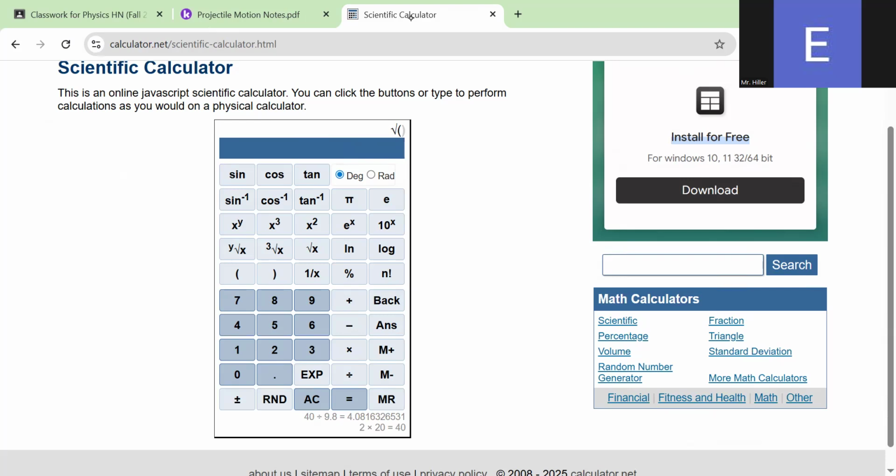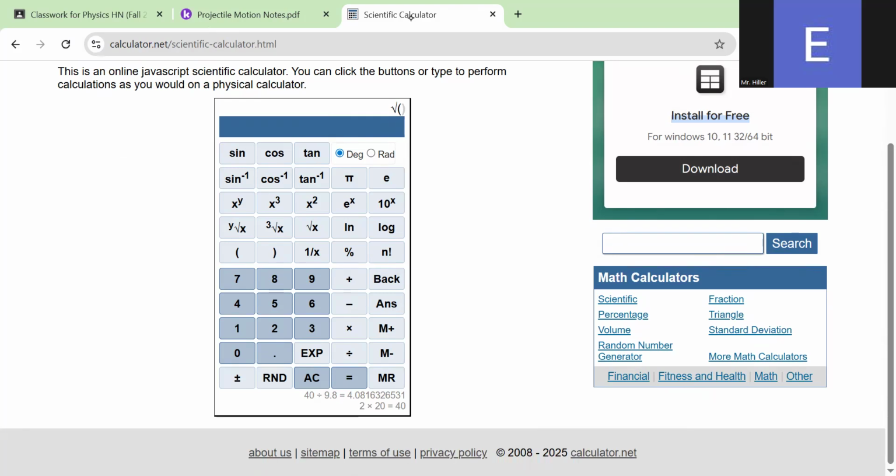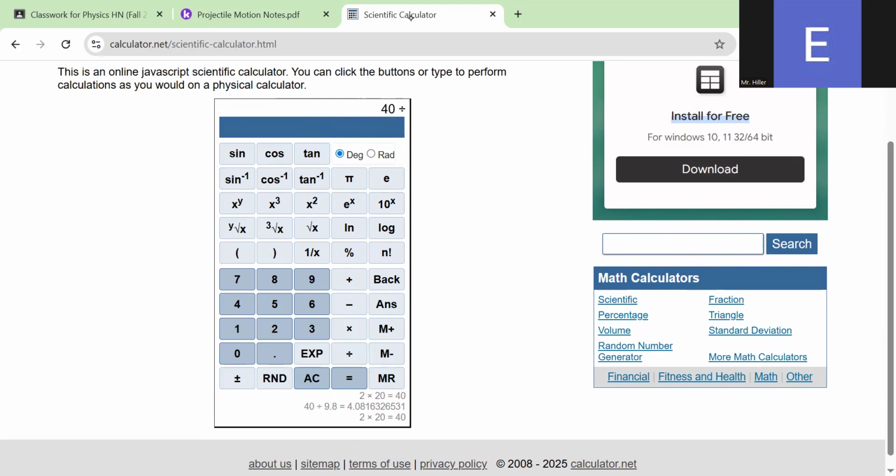So 2 times 20 is that, divided by 9.8 is that, and then I'm going to go square root of 4.08, roughly.